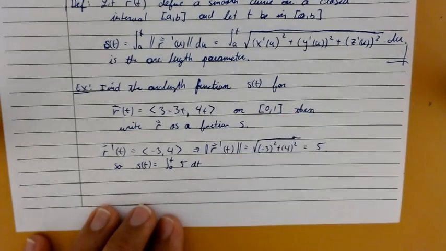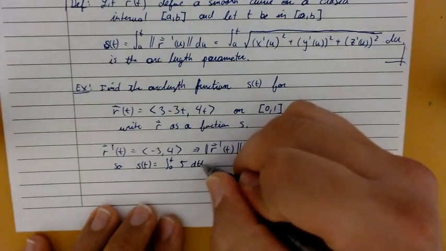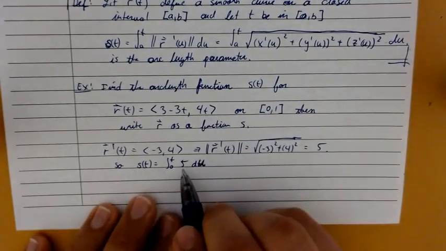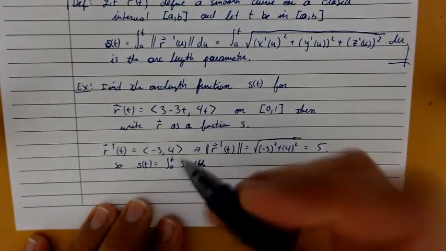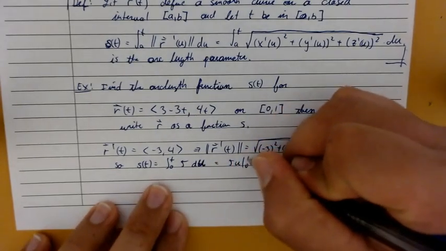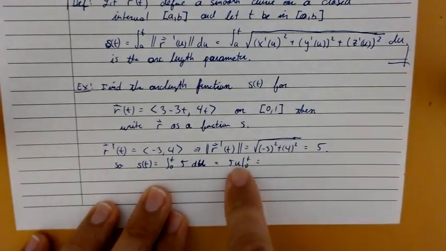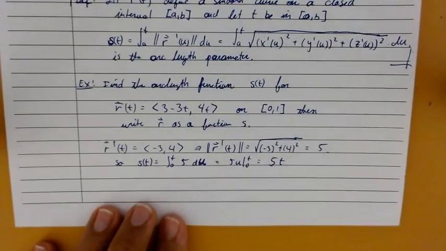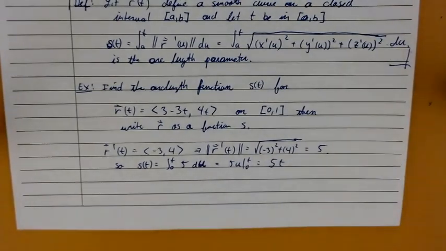I guess I should say with respect to u, right? There you go, just like that. And so here, if I integrate 5 with respect to u, I get 5u, and that's from 0 up to t. Okay, well, if you plug in t right there, that's 5t. If you plug in 0 right there, that's just 0. So 5t, like that. Okay, so there is our arc length function.